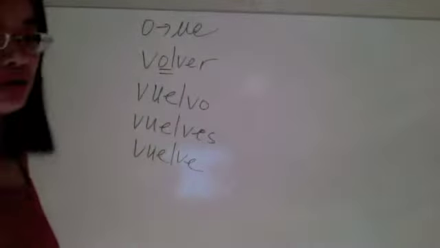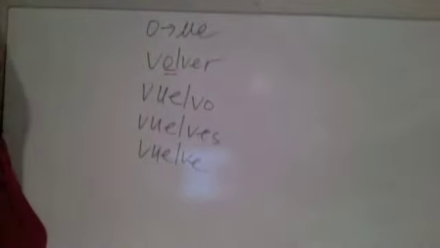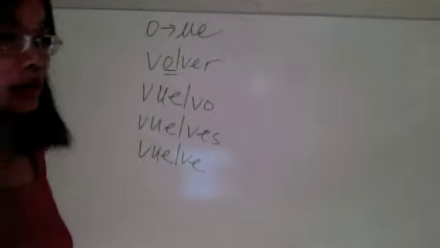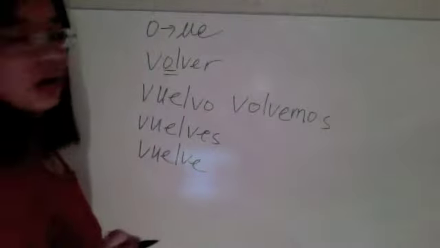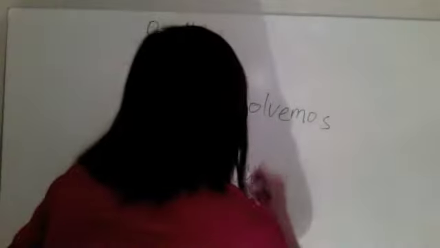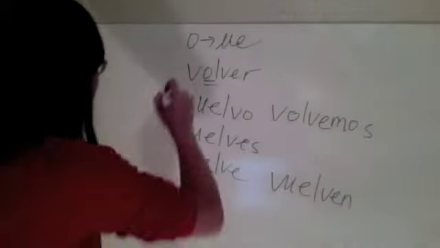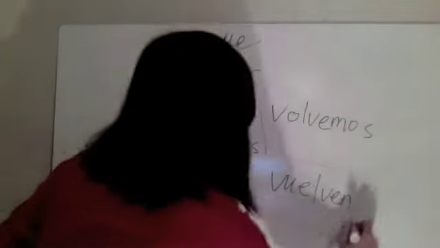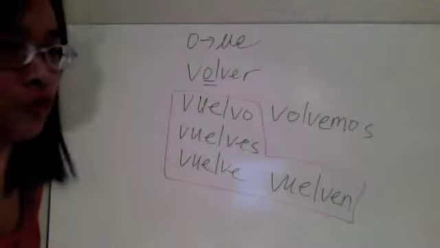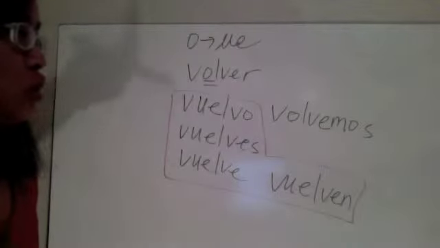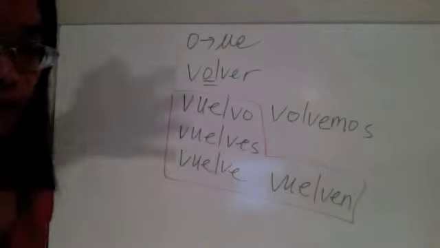And nosotros, the same, does not have stem change, so the O stays as O. Volvemos. Ellos, ellas, ustedes, stem changing, vuelven. The shoe leaves out the nosotros form. Again, nosotros form in present indicative does not have stem change, ever.